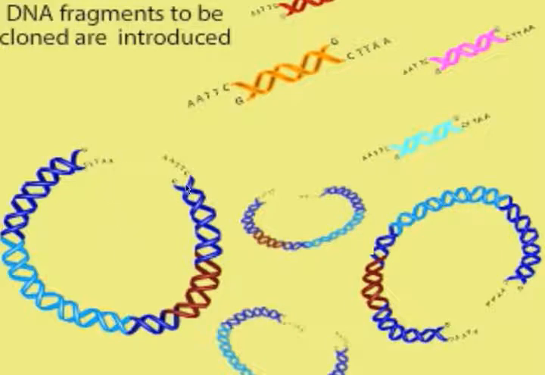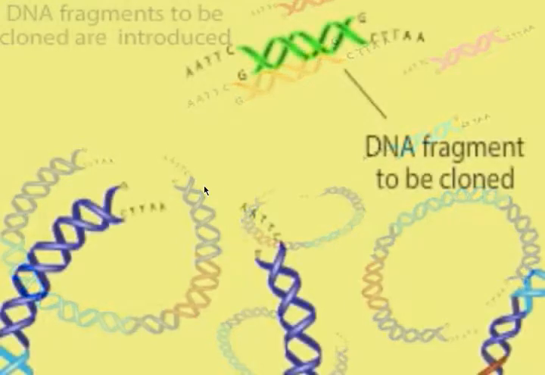So we have these AATT ends here, AATT ends here. So this is a single digest, single enzyme technique where both the insert and the plasmid are digested by the same endonuclease enzyme. So then we add the enzyme T4 DNA ligase.